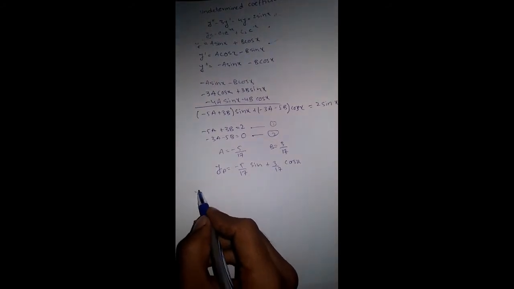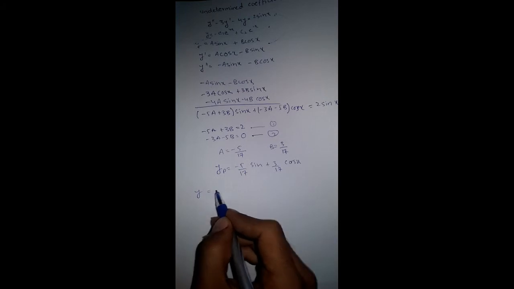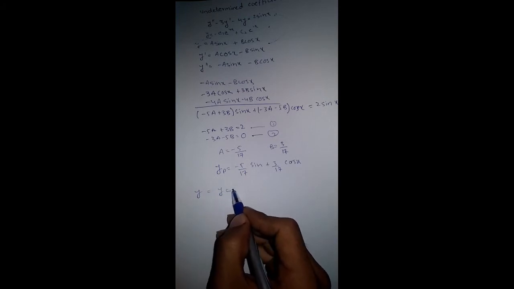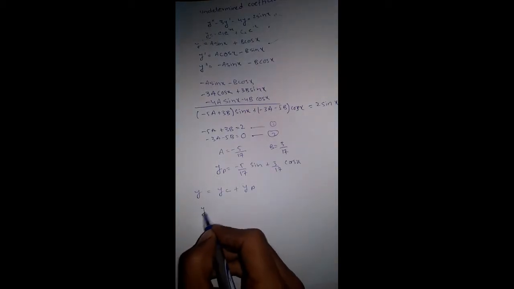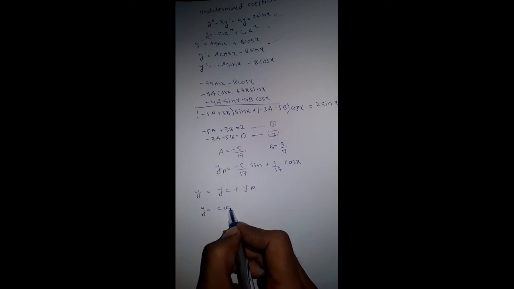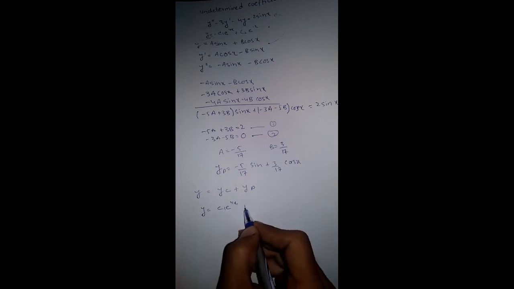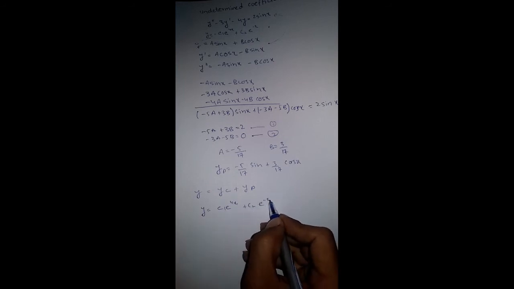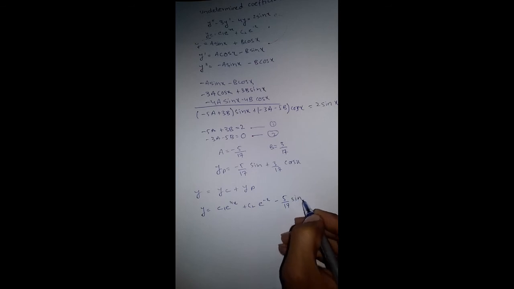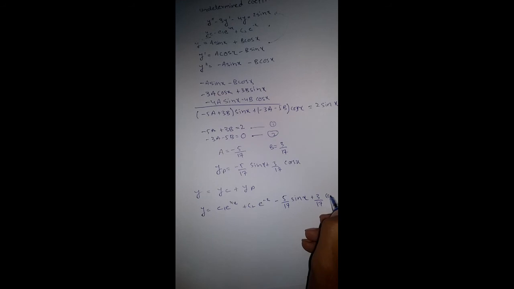Now the overall solution is equal to yc plus yp. What was our yc? Our yc was c1 e to the power 4x plus c2 e to the power minus x, and minus 5 over 17 sin x plus 3 over 17 cos x.